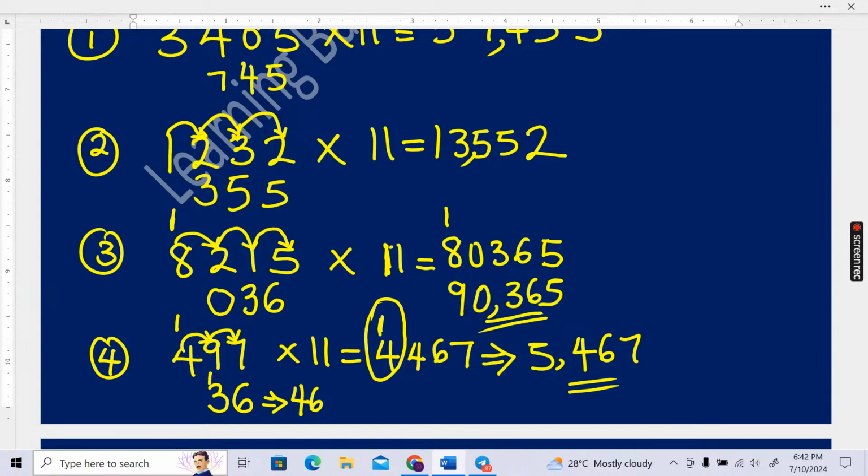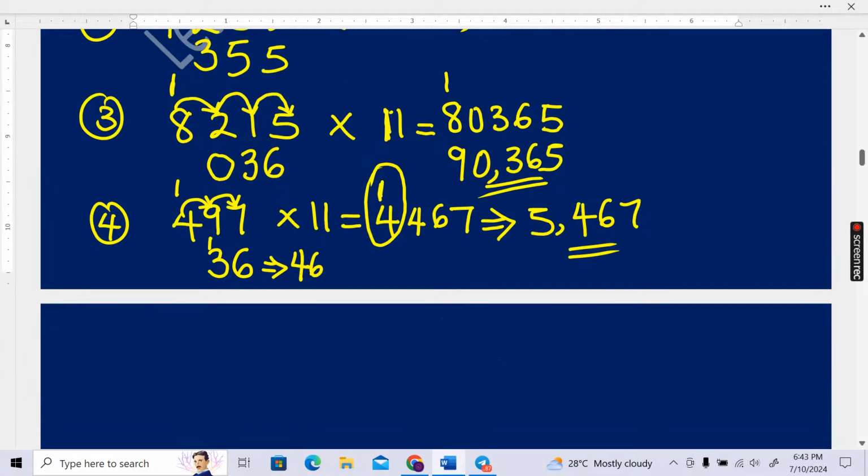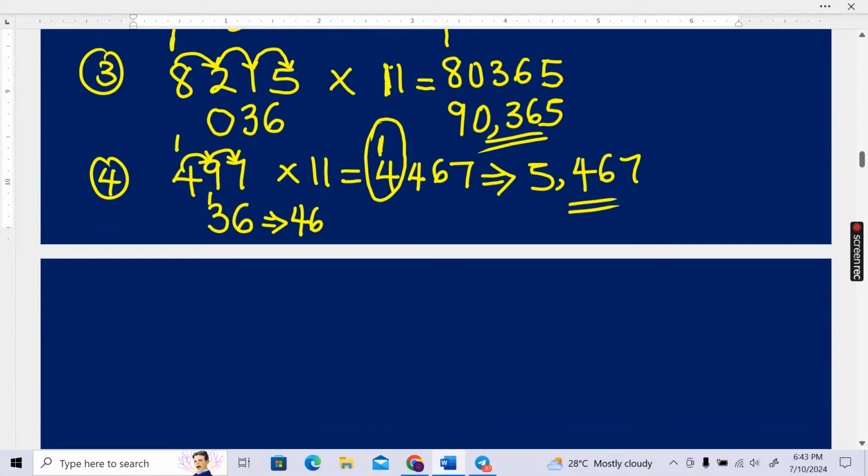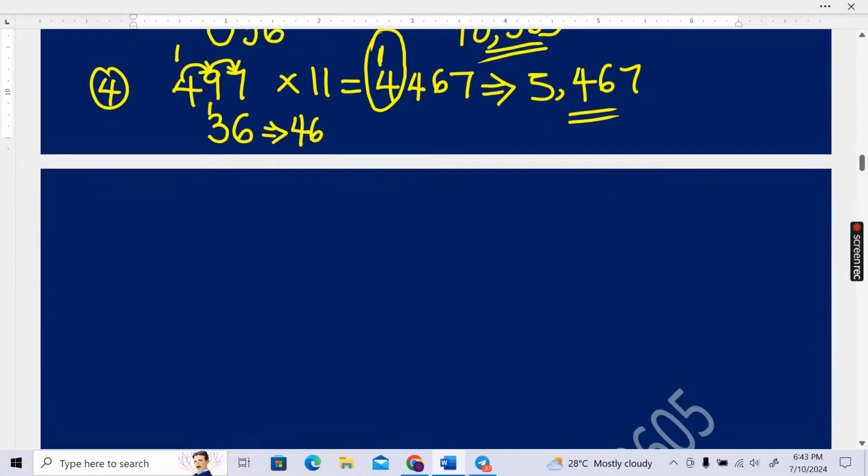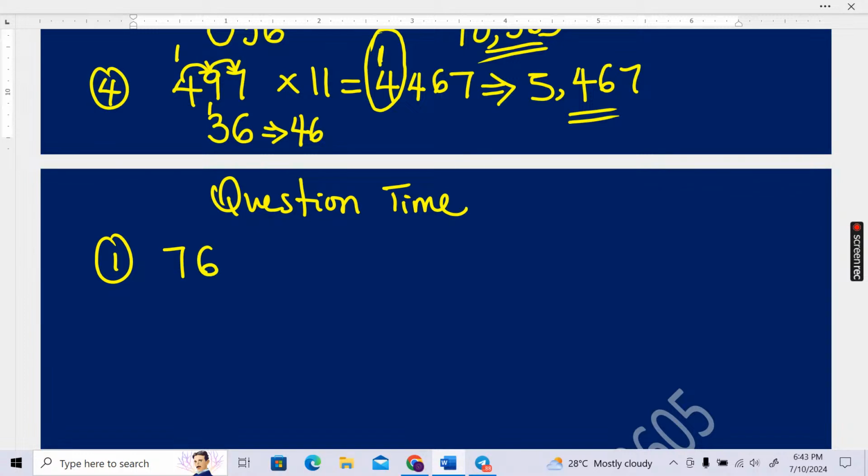Now it is question time. Don't forget, for me, I already have 14 stars. I don't know about you, but it is question time, an opportunity to add more stars to yourself. So what is 761 times 11?